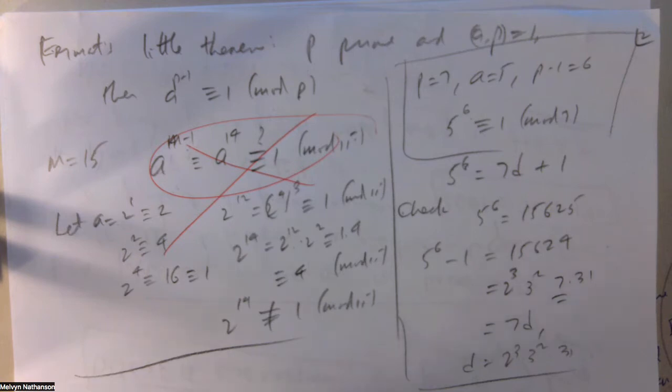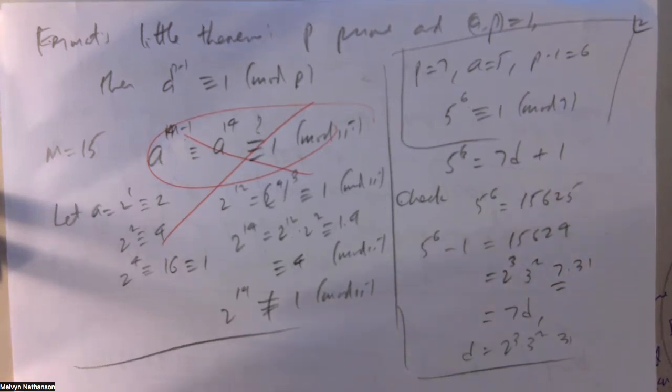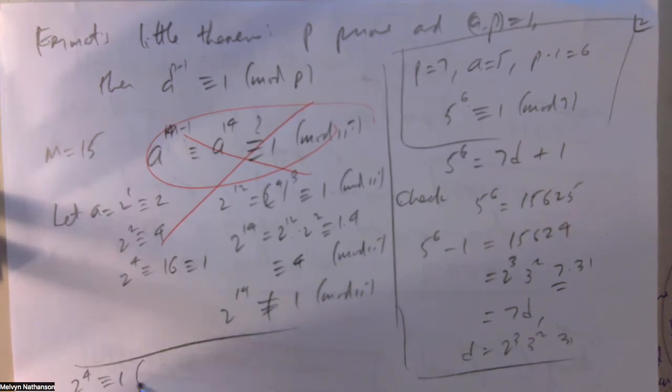If you start to experiment, suppose you take numbers that are relatively prime to 15. 2 to the fourth is congruent to 1 mod 15.